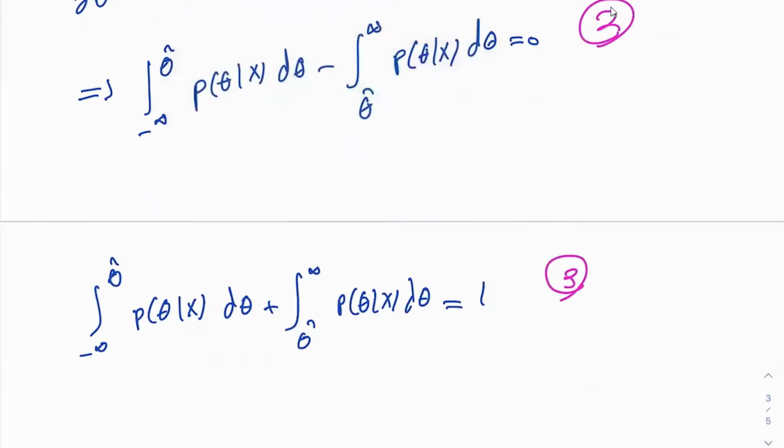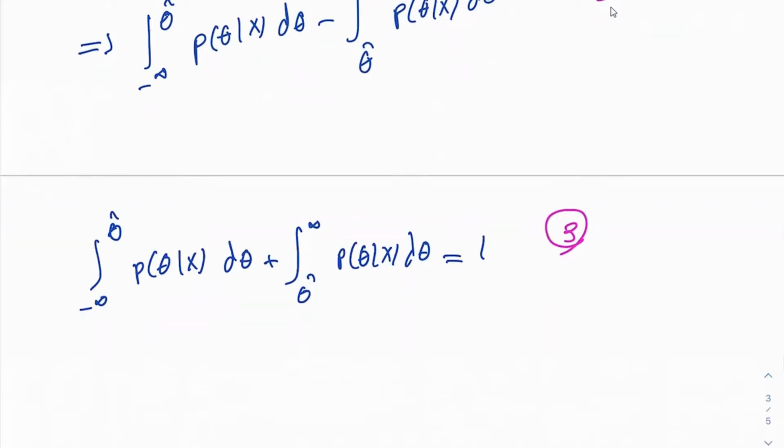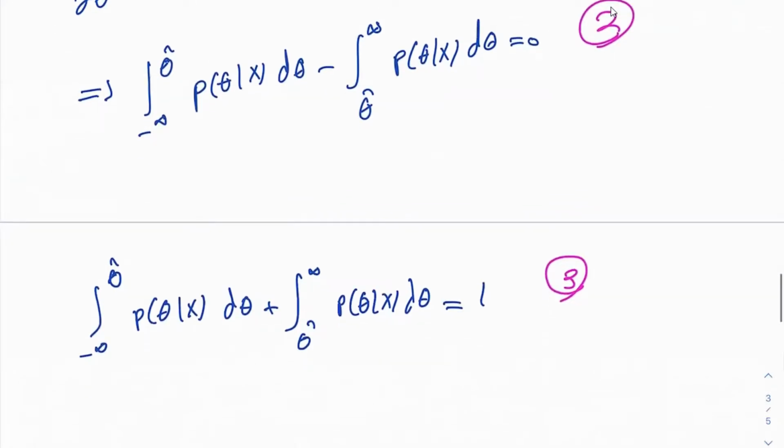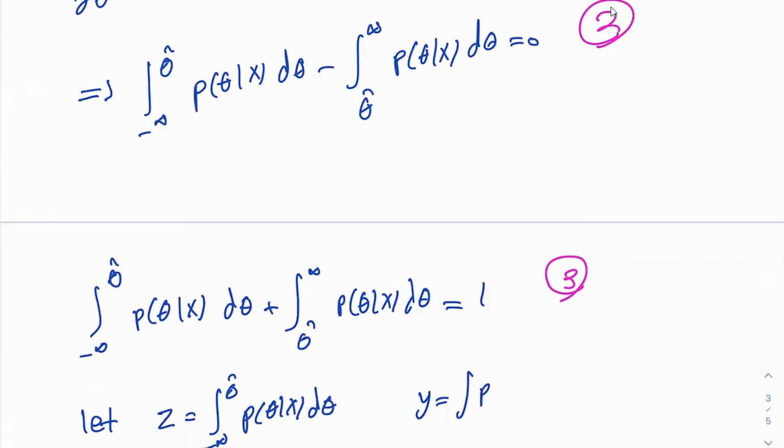Good. Now look at equation 1, equation 2 and 3. It may be easier to look at it this way: let x be the integral from negative infinity to theta hat, and perhaps it would be better to name the other one z, since we have already used x. That is p of theta given x from theta hat to infinity, d theta.